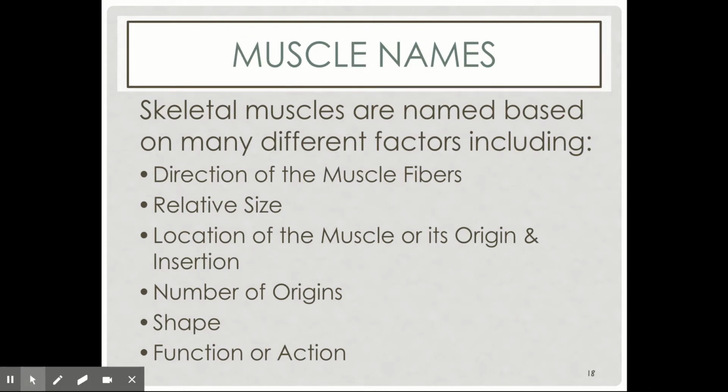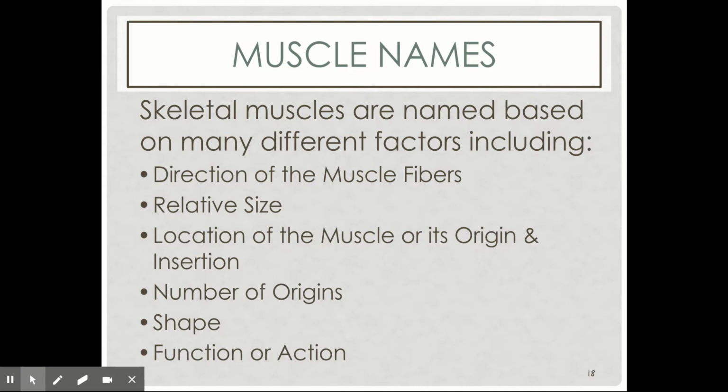Like I said a couple slides ago, your skeletal muscles are named based on something, okay? Just like everything in anatomy and physiology, when we talked about your different histology tissues, they are named that way for a reason.